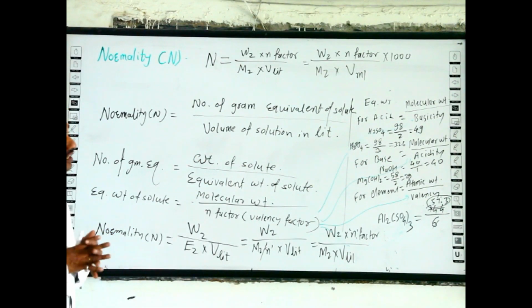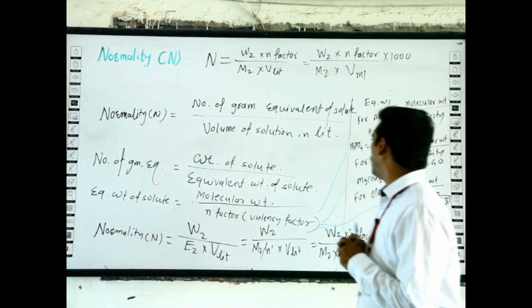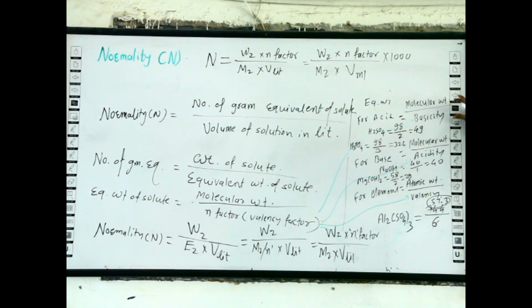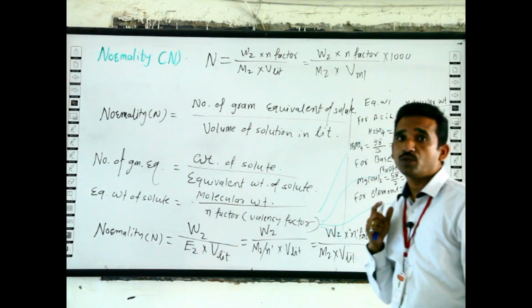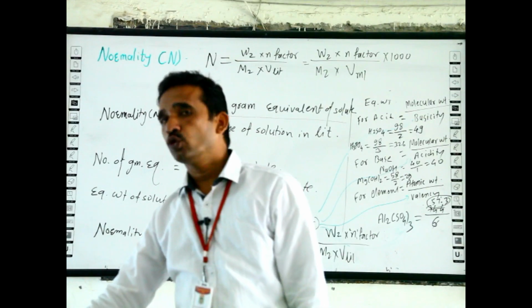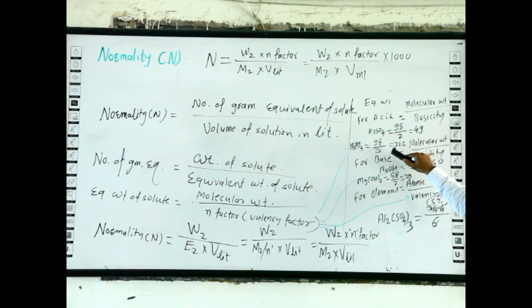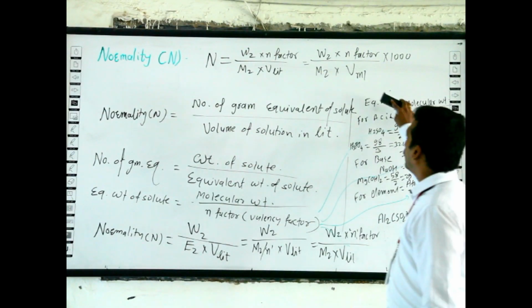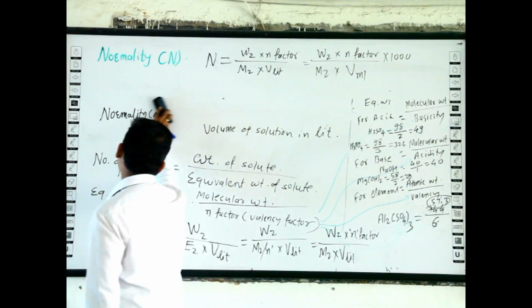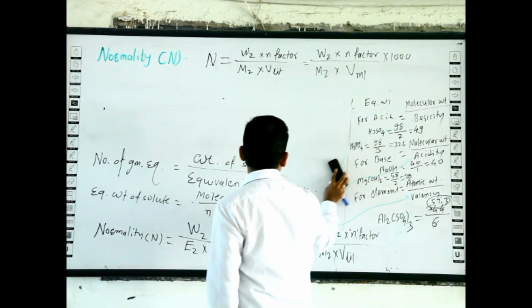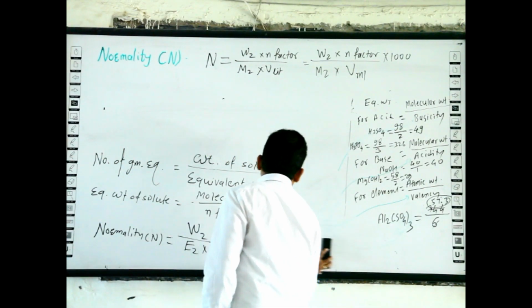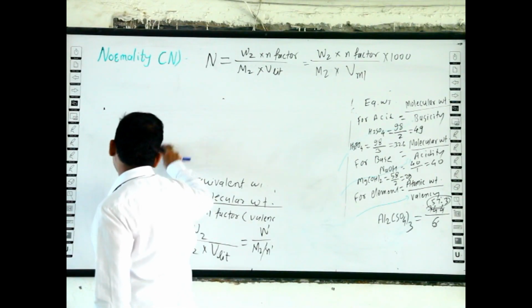Hence, we discuss generally all examples for acid, for base, for element or for salt. Generally, for the finding of normality, we have to calculate only for acid or base, or sometimes salt. So, we will take one example of normality and then we will discuss the next point.